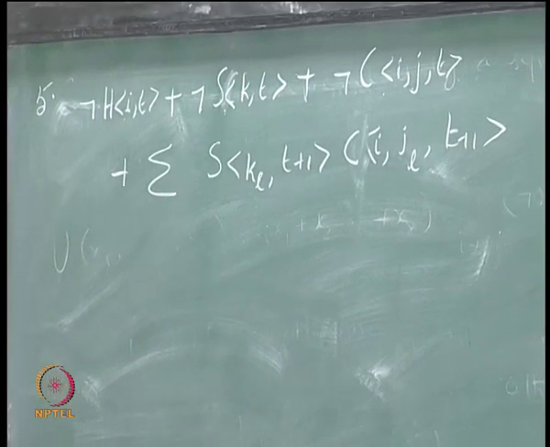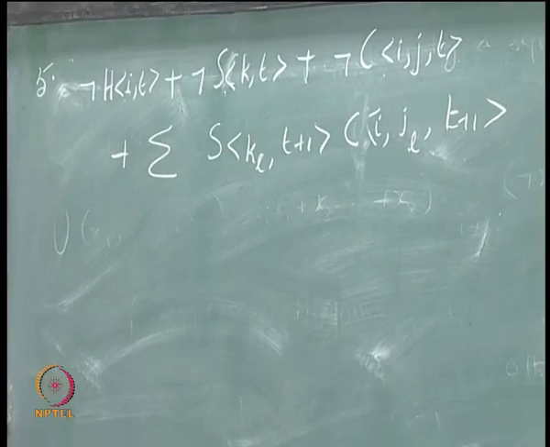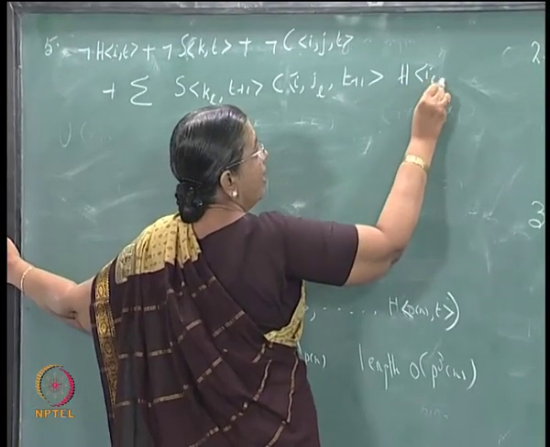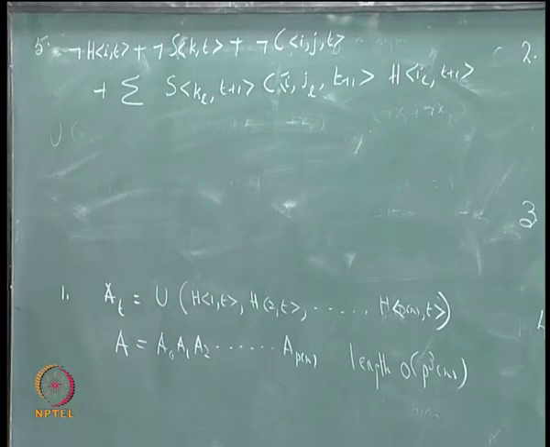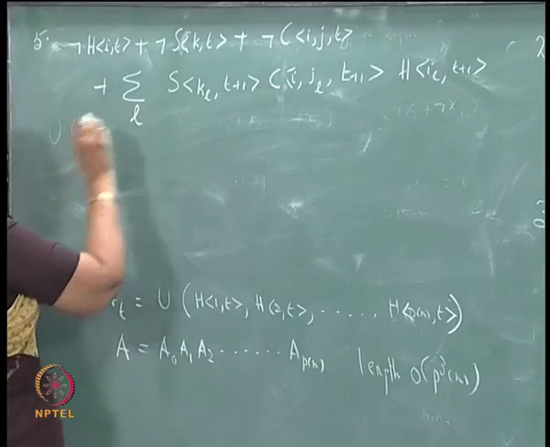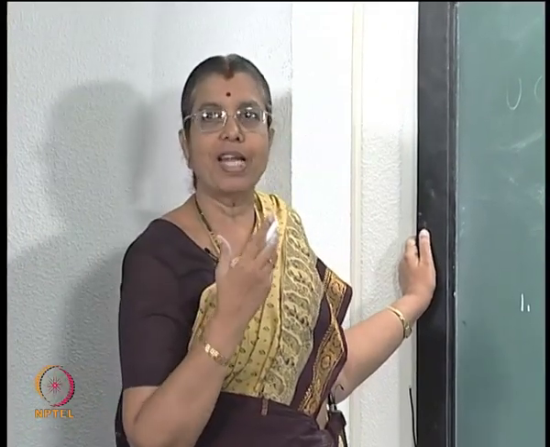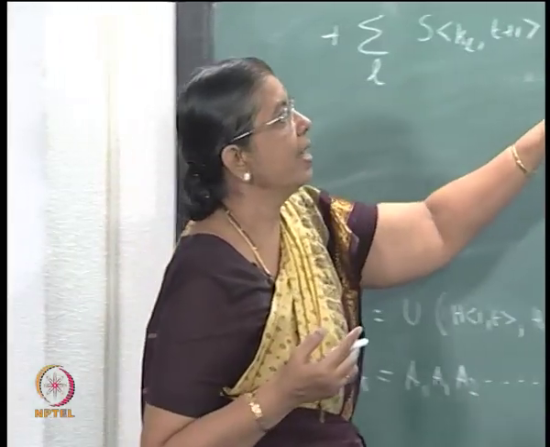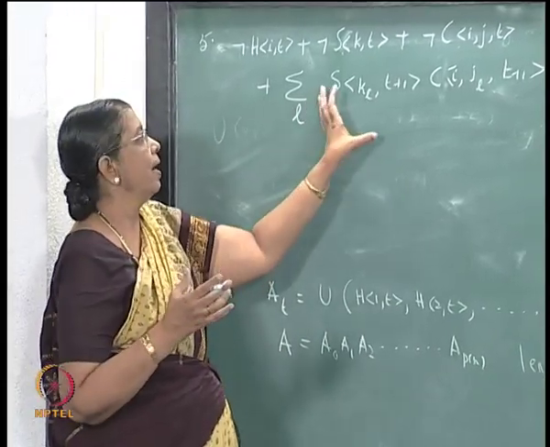Right, and the head will go to i minus 1 or i plus 1, isn't it. So, H_il(t+1) will be i minus 1 if the move is left, and i plus 1 if the move is right. Actually, it is a non-deterministic Turing machine. So, what we are considering is a non-deterministic Turing machine. So, the next move is not unique. There will be some possible choices. One choice is kl, jl, il, and there may be other choices. So, consider all possible choices and write them down.